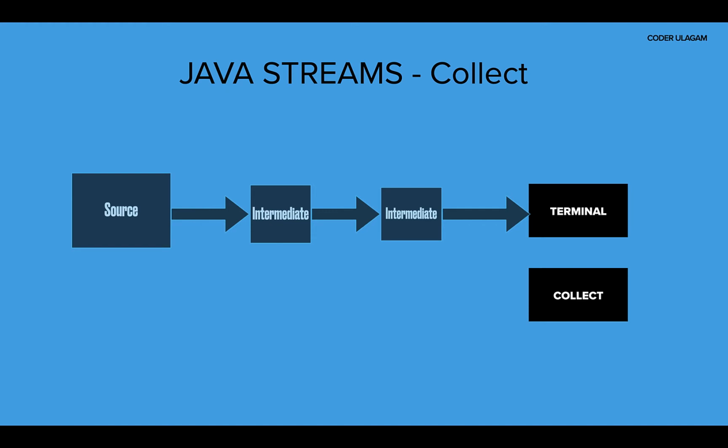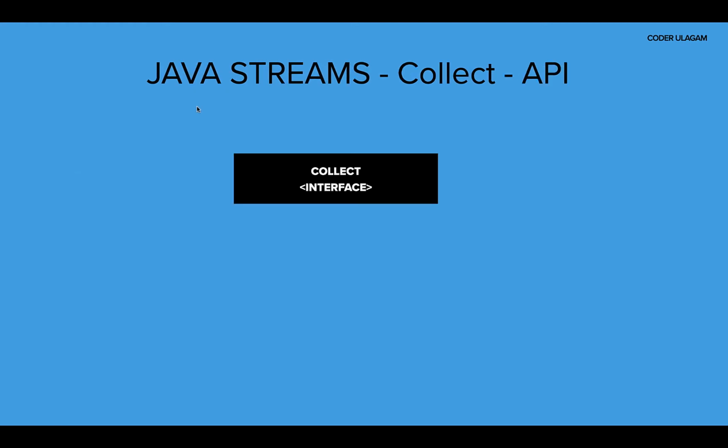I'll show some examples of how to use collect in Java streams using the Collectors utility class. Collectors is a utility class provided by Java by default, which has some implementations to use with collect. Collector is an interface in Java streams, and like any interface, you need an implementation class for it.